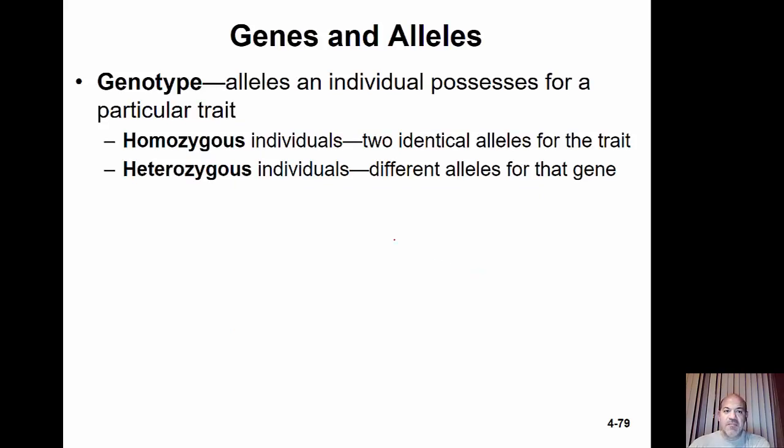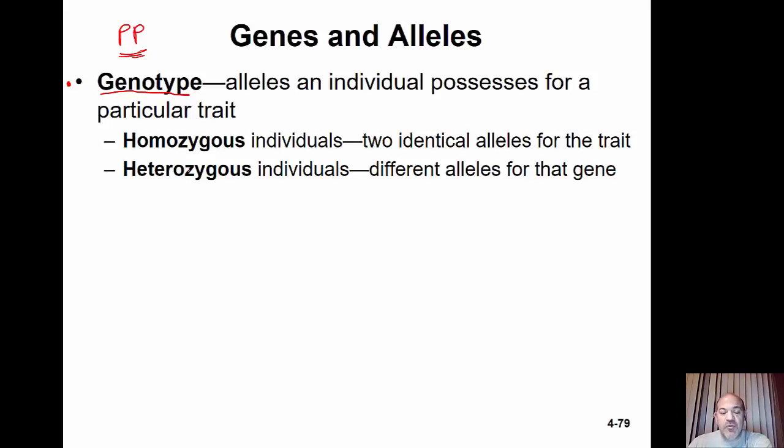So what I was referring to for an individual who inherits two copies of every gene is its genotype, and this is basically the alleles an individual possesses for a particular trait. So for example, in the first gene described on the previous slide, the individual had inherited both dominant alleles, so that would be considered its genotype for that particular gene.